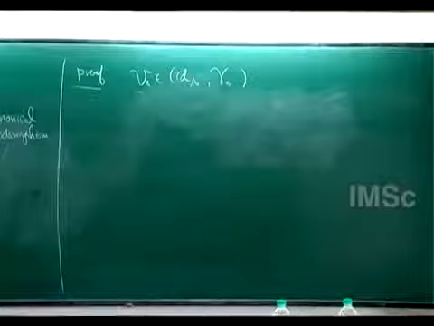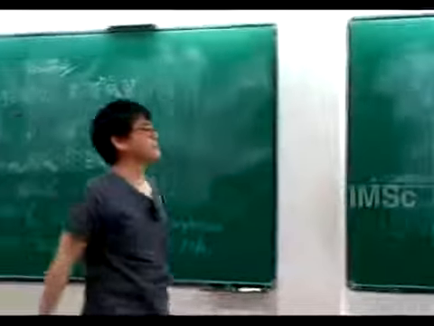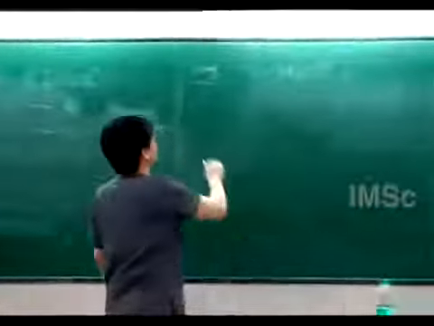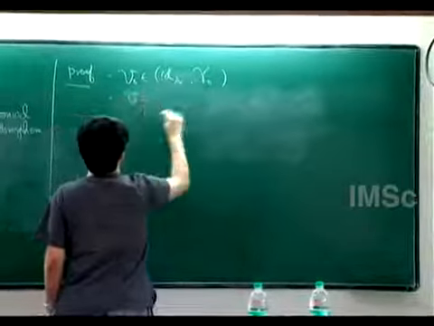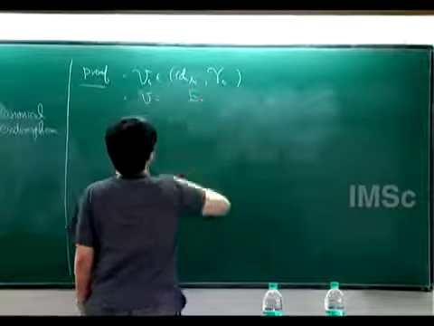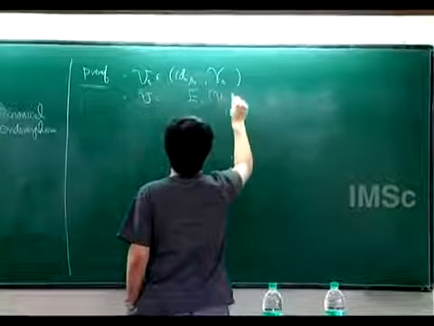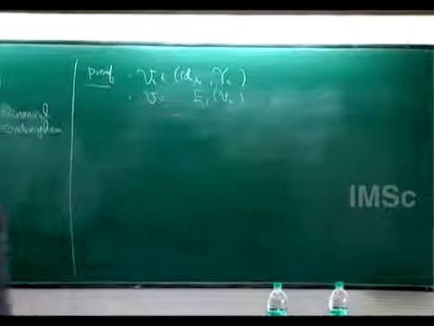It's almost the definition, you put the B0 here. So this is okay. Also, V is obtained by just applying E1 to V0 with a normalizing constant.